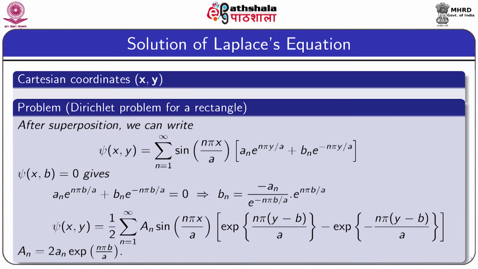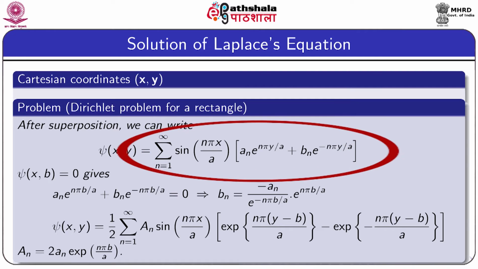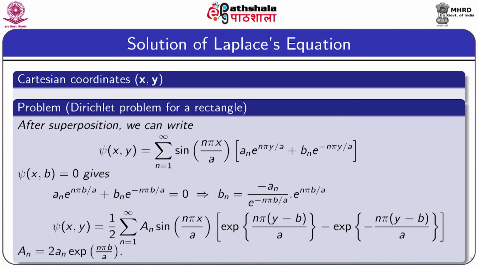Since the Laplace equation is a linear equation, linear combinations of all these solutions are also solutions of the Laplace equation, and this is called the superposition principle. Using the superposition principle, we can write the solution as psi equals the sum over n from 0 to infinity of sin(n pi x by a) into (A_n e to the power n pi y by a plus B_n e to the power minus n pi y by a).